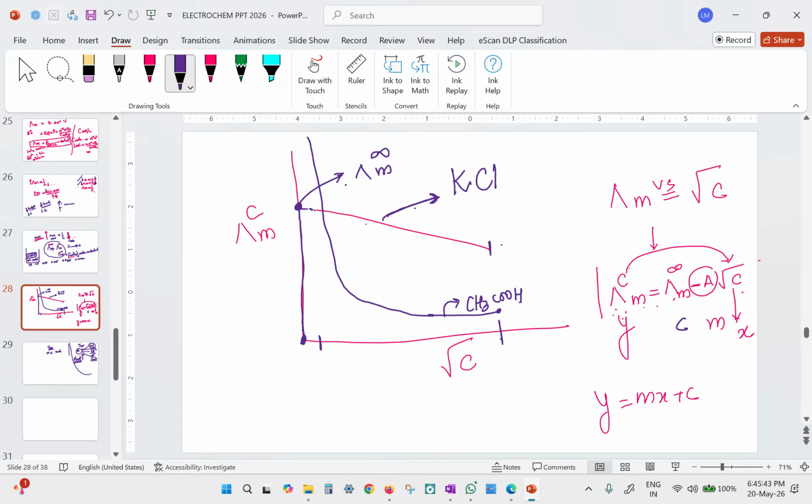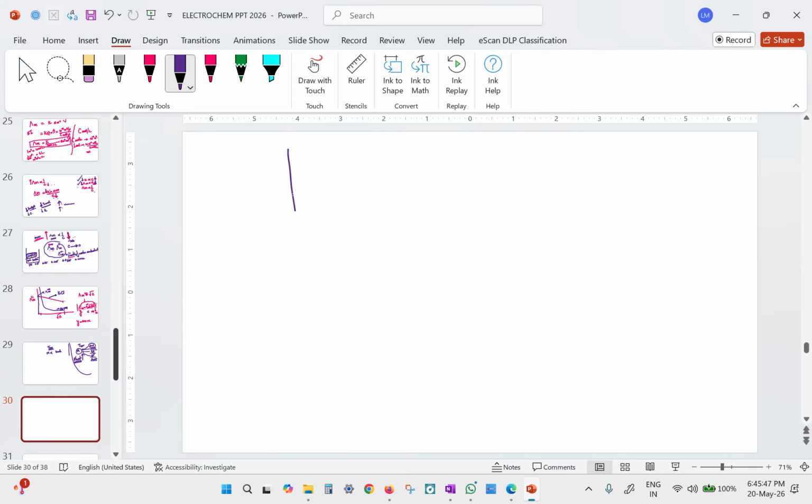Shall we start? Yes, ma'am. When it is KCl, we are measuring the lambda m at a given concentration. When it is KCl, almost at all concentrations, it is infinitely diluted. It's fully dissociated.